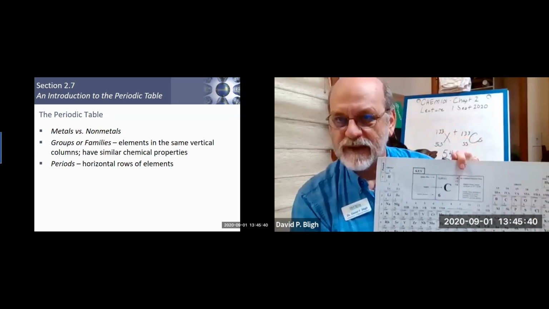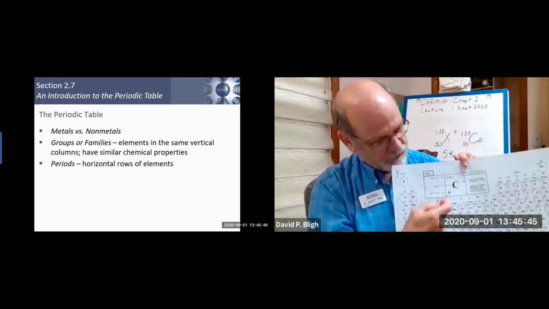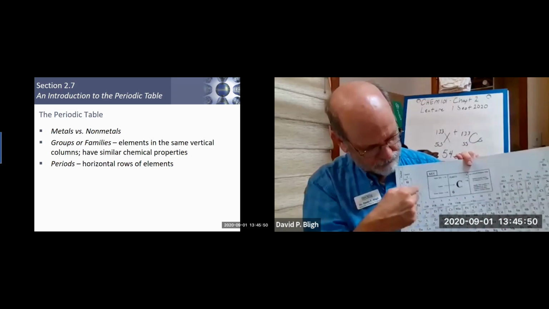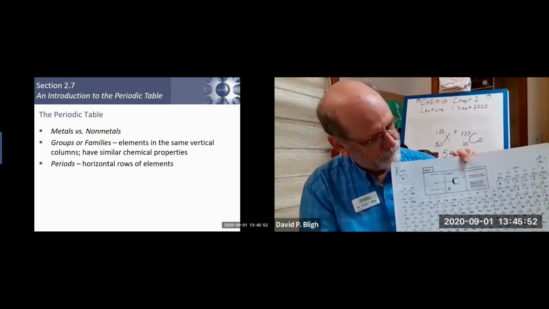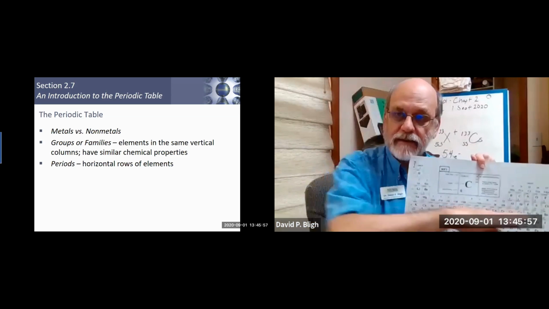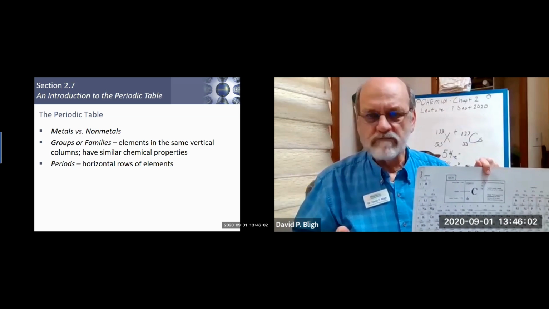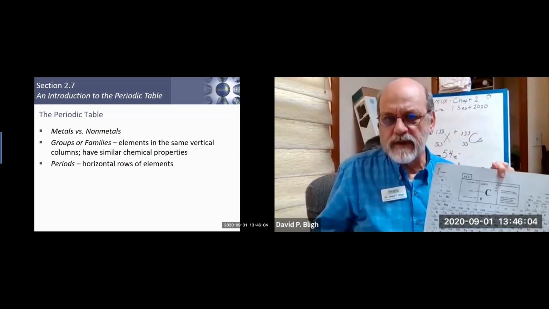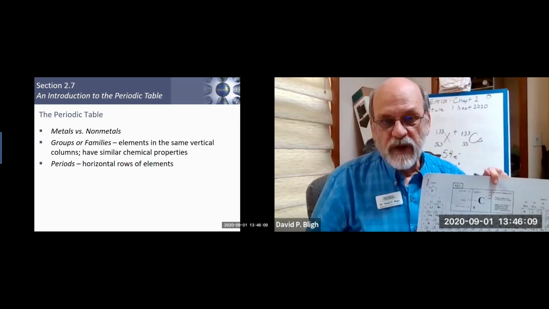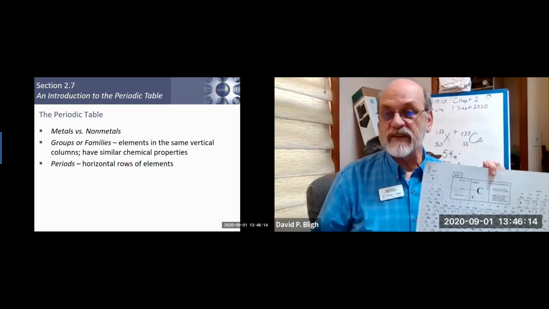How about groups or families, as we used to call them? Those are the verticals. This is a family or a group. Periods are from left to right. Now, why do we call them periods? If you've been exposed to physics, either in high school or in some other classes, periodic motion is like the swinging of a pendulum.